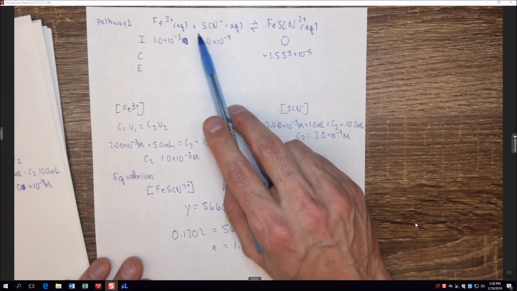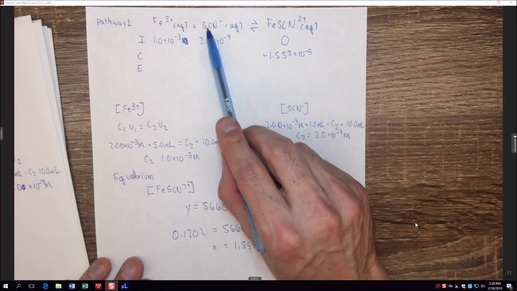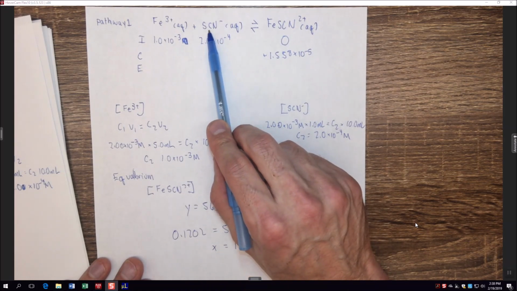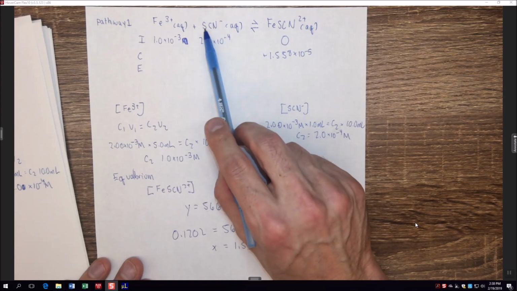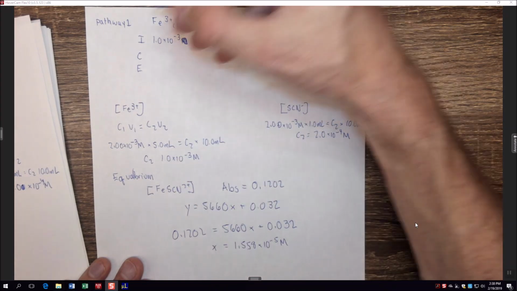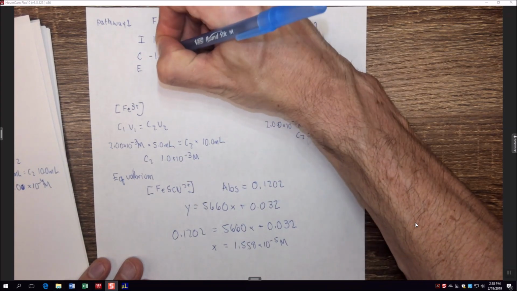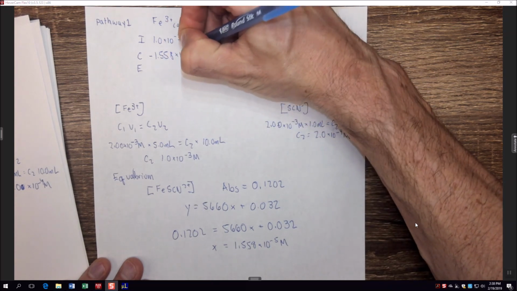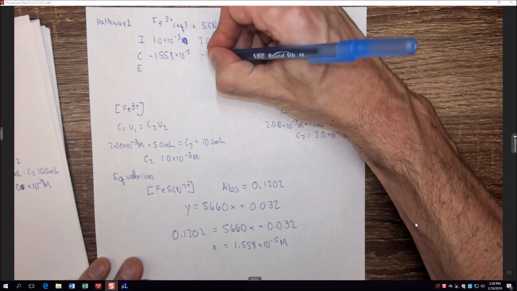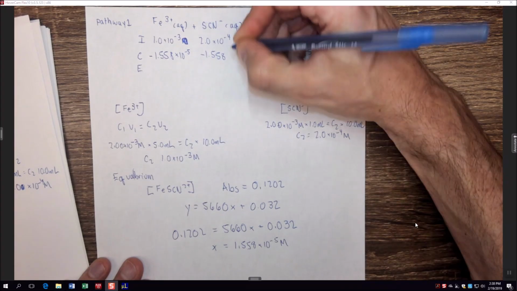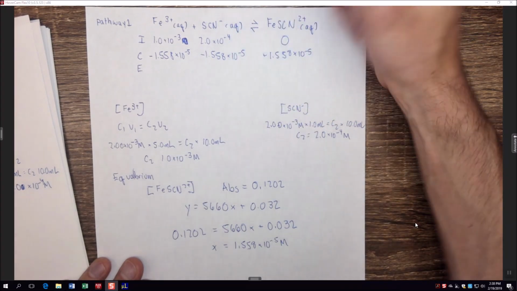Note that if we're investigating the other pathway, we have to lose double the amount of thiocyanate because there's two of them in the other pathway. But here we're going to subtract 1.558 times 10 to the minus 5, and here we're going to subtract 1.558 times 10 to the minus 5.